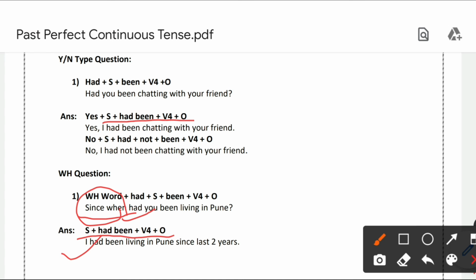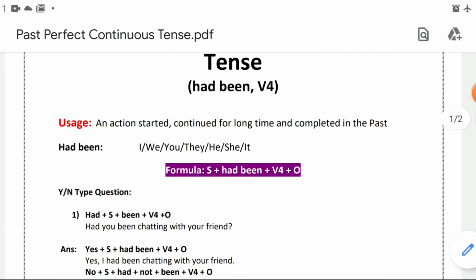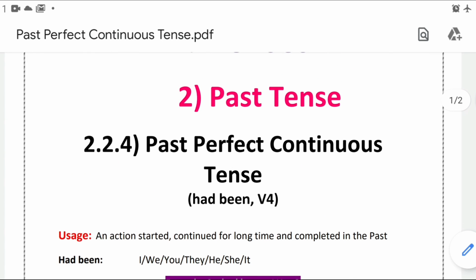Here there should be since last 2 years, not from last 2 years, because whenever there is any perfect continuous tense, we use since and not from. Always remember. Fine. So in this way we have completed this past perfect continuous tense with formulae.